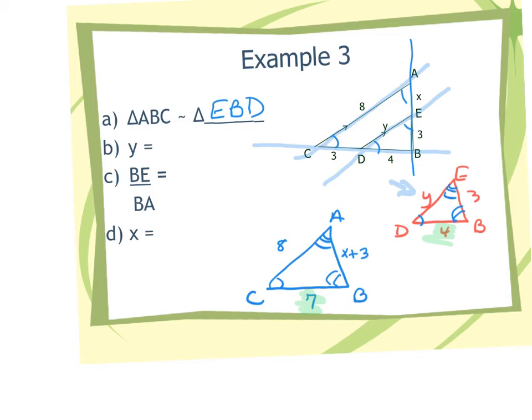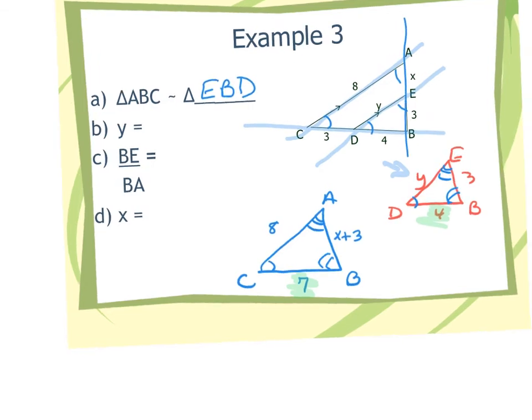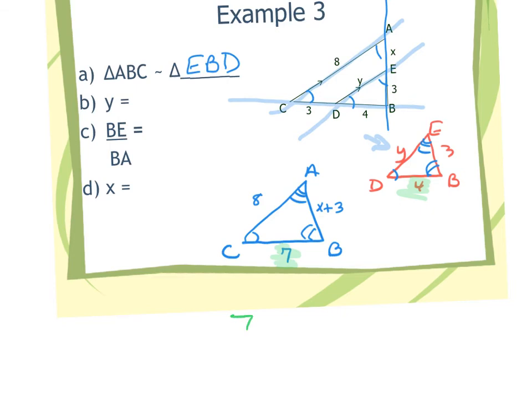So if I do 7 over 4, and then again, remember you wanted 8 and y. Now, if you chose to put 4 over 7, then the y would be in the top of the fraction.